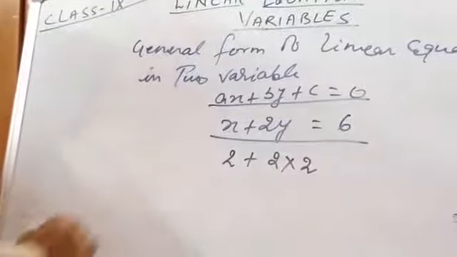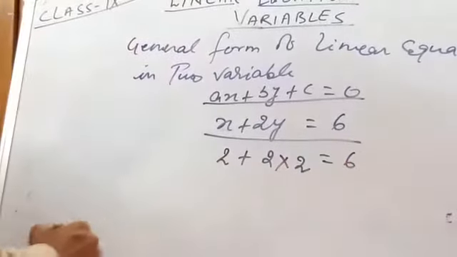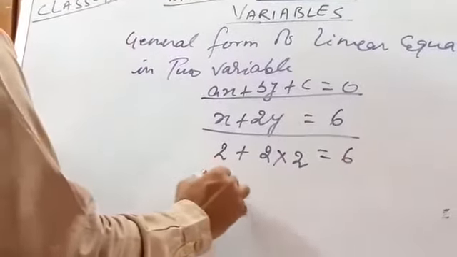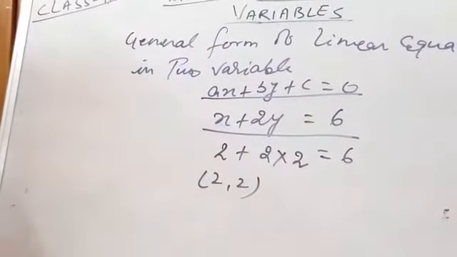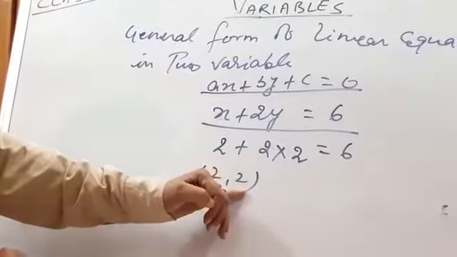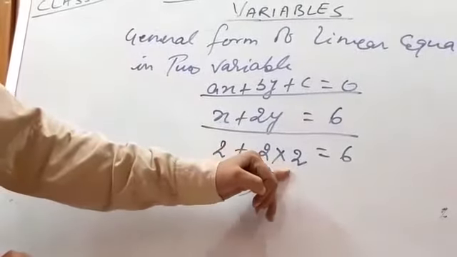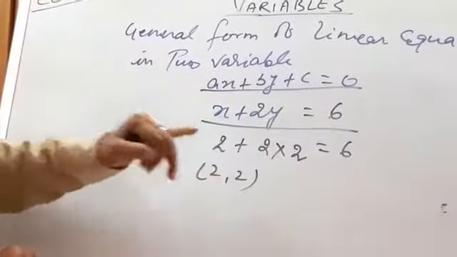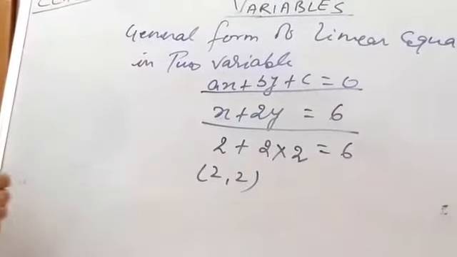What does it give? It gives 6. So what would be the solution? The solution is 2 comma 2. 2 comma 2 means the value of x is 2 and the value of y is 2. If we solve this, the answer would be 6. So this is a solution of the equation.